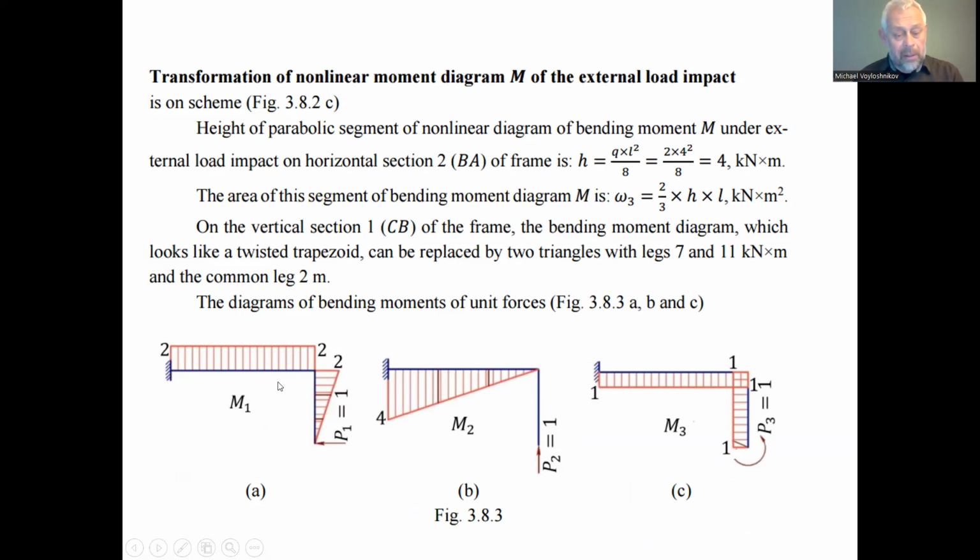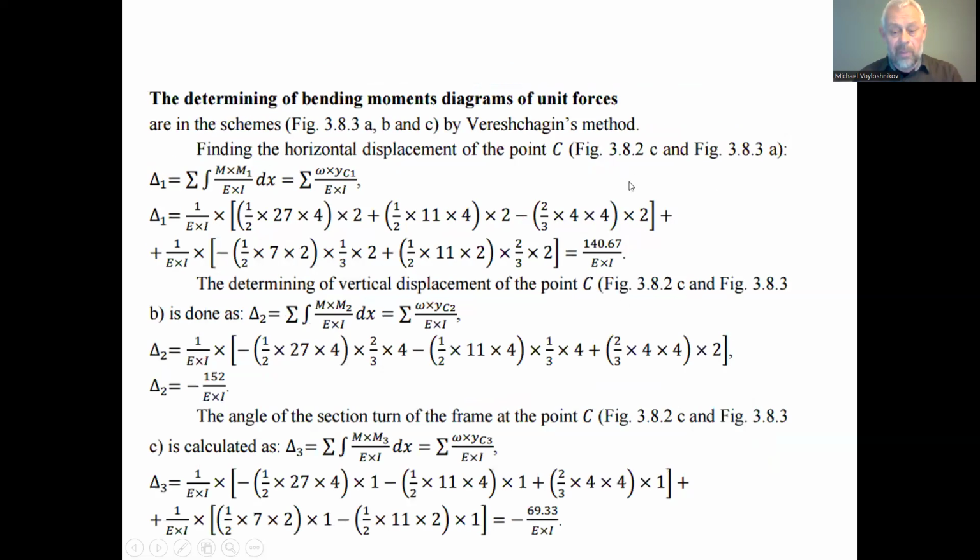So independently of the location of the point, the ordinate of the bending moment diagram and action of unit force P1 is 2. So we multiply by 2 again, and we subtract the area of the parabolic segment with a minus sign.